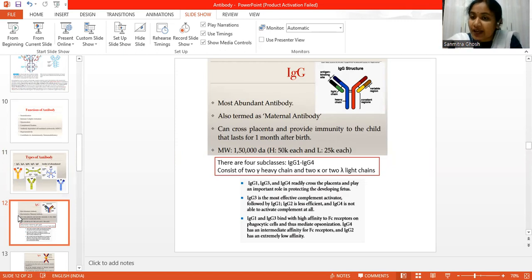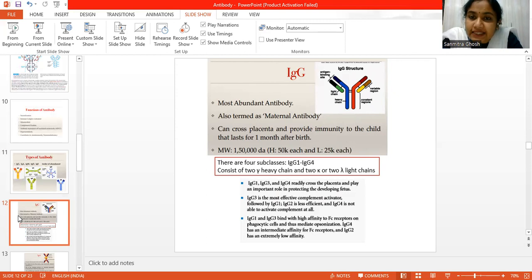So, as we are starting with IgG, here we will have the light chain as either lambda or kappa. But the heavy chain, better to say, will always be gamma.